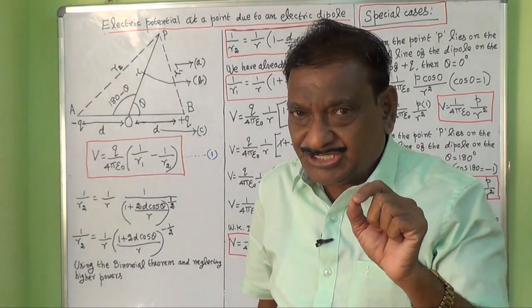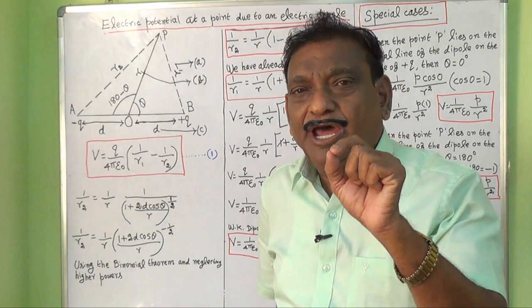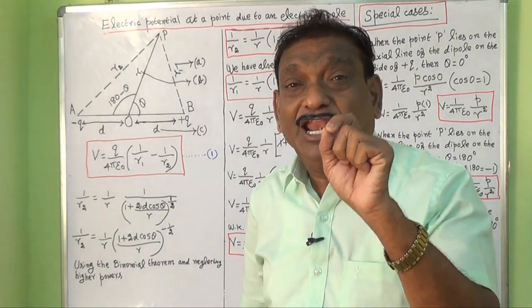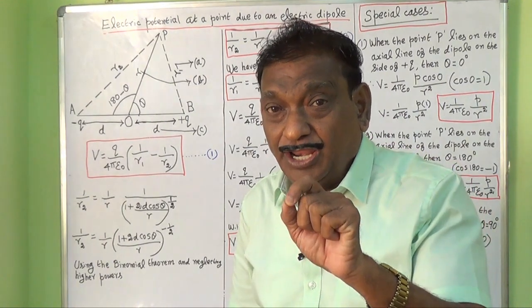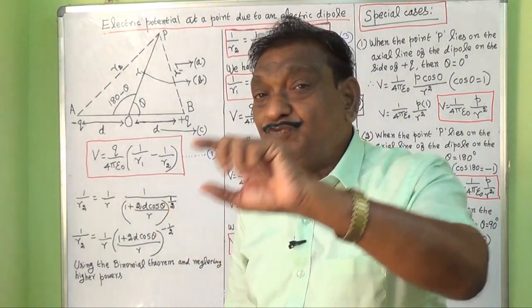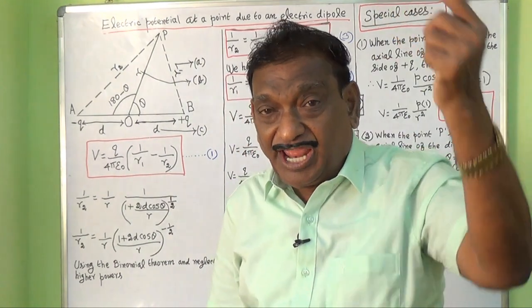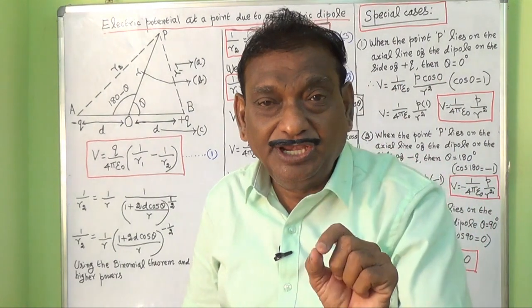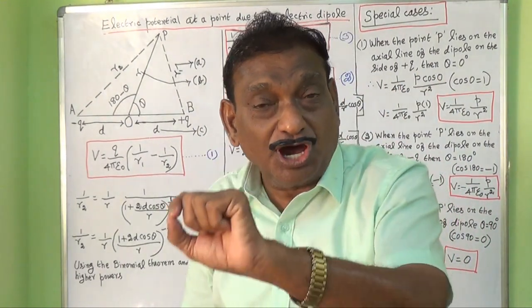At this place, I want to recall the formula for electric potential at a point due to a point charge. What formula had we derived for electric potential at a point due to a point charge?